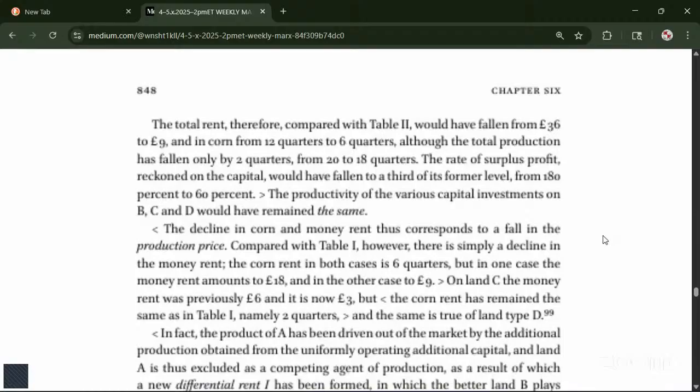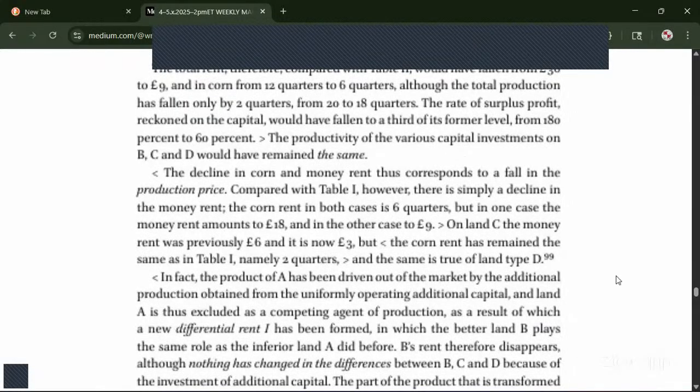On land C, the money rent was previously 6 pounds and is now 3 pounds, but the corn rent has remained the same as in table 1, namely 2 quarters, and the same is true of land type D. In fact, the product of A has been driven out of the market by the additional production obtained from the uniformly operating additional capital, and land A is thus excluded as a competing agent of production, as a result of which a new differential rent 1 has been formed, in which the better land B plays the same role as inferior land A did before.